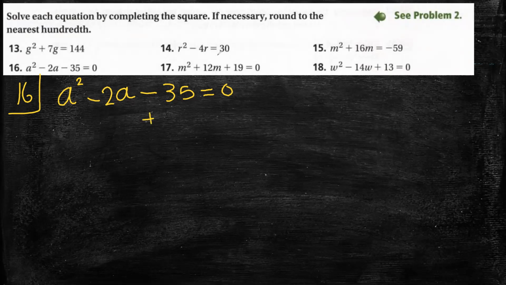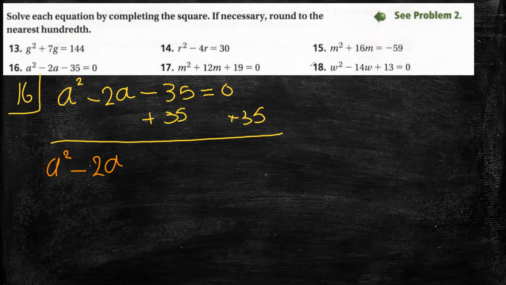We have to move the 35, the constant. You have to isolate the variable on one side and the constant on the other side. So you get now a squared minus 2a equal 35.